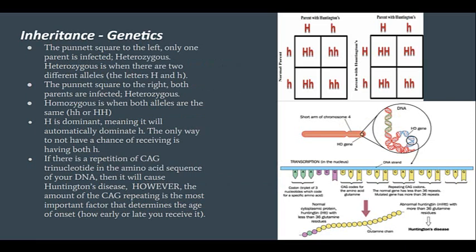Alright, so the genetics. The HTT mutation that causes Huntington's disease involves a DNA segment known as the CAG trinucleotide repeat. This segment is made up of a series of 3 DNA building blocks, cytosine, adenine, and guanine, that appear multiple times in a row. Normally, the CAG segment is repeated 10 to 35 times within the gene.